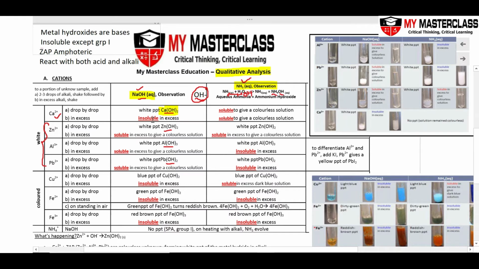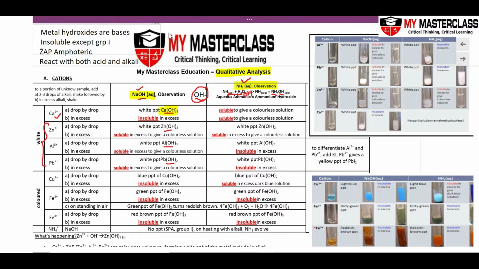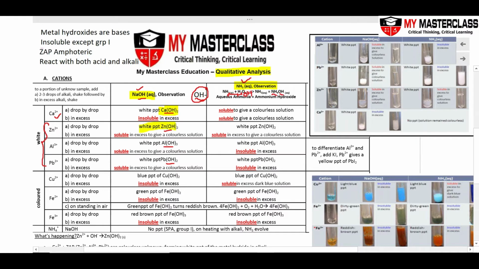So calcium hydroxide is insoluble when I add the alkali, and it's white in color. It is the same for the Z ions. You will get zinc hydroxide, which is insoluble, aluminium hydroxide, which is insoluble, and lead hydroxide, which is insoluble. And you will see a white precipitate, which looks like this. It is cloudy, a white precipitate.